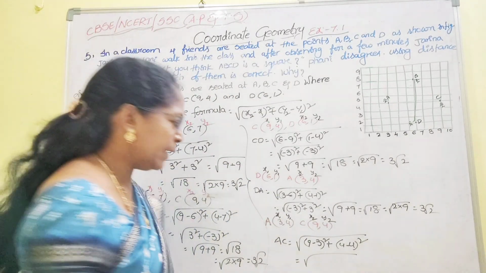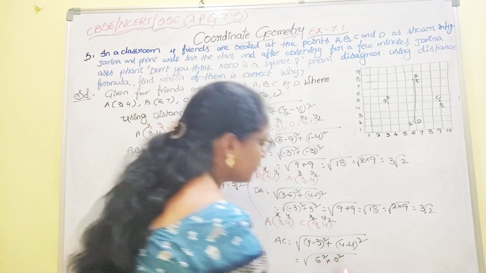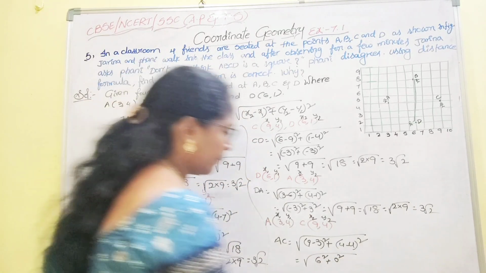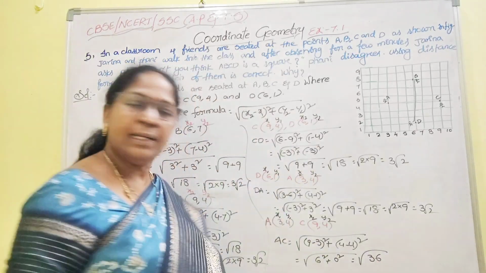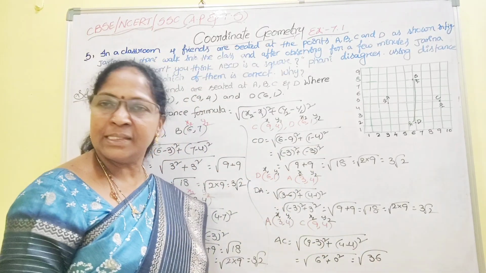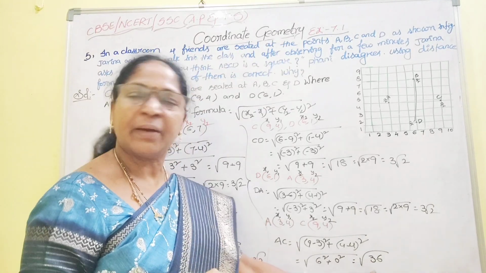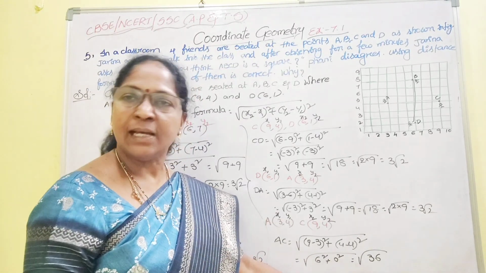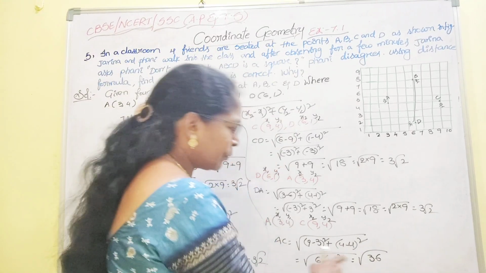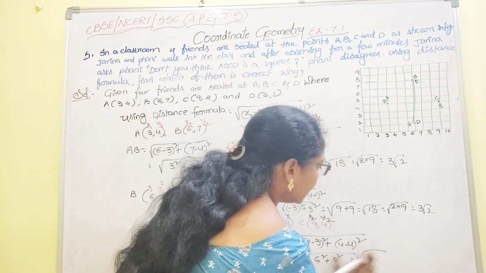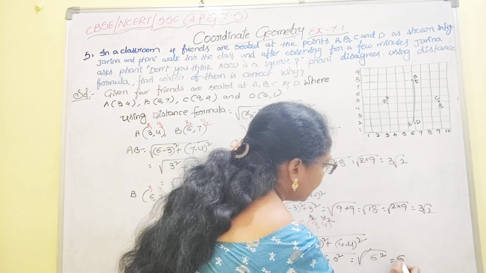Where 9 minus 3 whole square equals 6 square, plus 4 minus 4 equals 0 square. That equals square root of 36. What is the square root of 36 value? 6. This is a perfect square number. 6 6 is 36, so 6 square you can directly write. Square and square root will be cancelled. You will get 6.